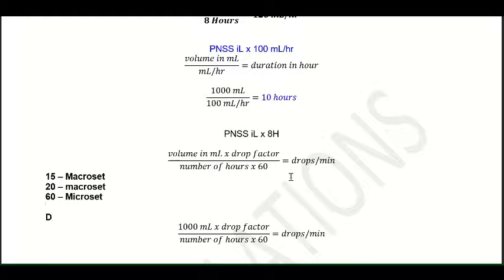What does drop factor stand for? When I say drop factor, it is the number of drops it takes to form 1 ml. Again, a drop factor is the number of drops it takes to form 1 ml.